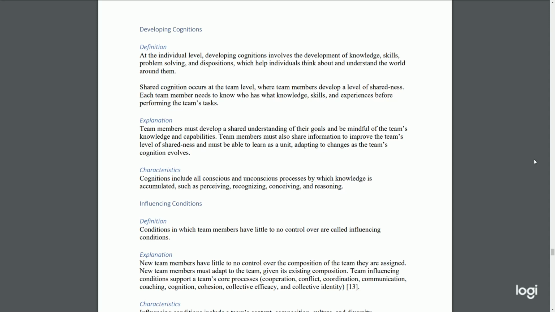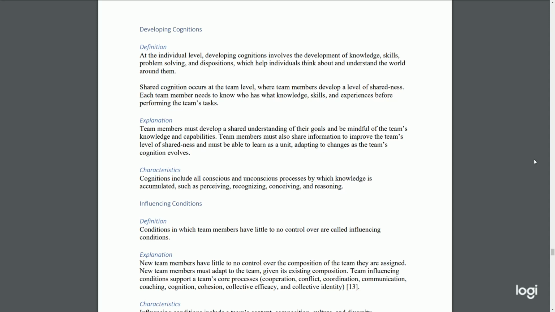Influencing conditions. Definition. Conditions in which team members have little to no control over are called influencing conditions. Explanation. New team members have little to no control over the composition of the team they are assigned. New team members must adapt to the team, given its existing composition.